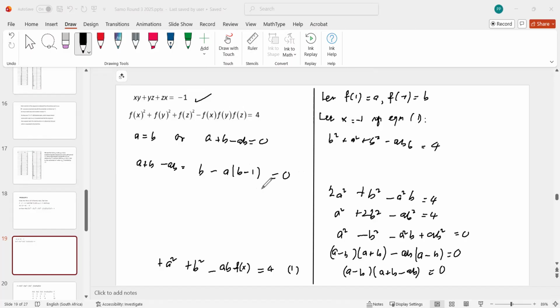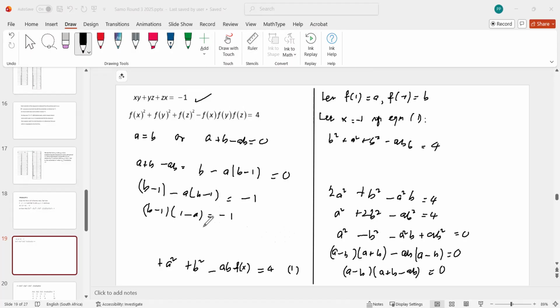Okay, now the trick is you subtract 1 from both sides. Zero minus 1 gives you that. And then b minus 1 is a common factor on the left-hand side. But this is equal to minus 1. See? Now these are integers, right?